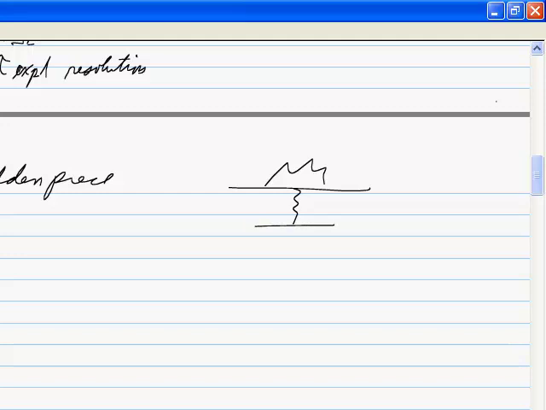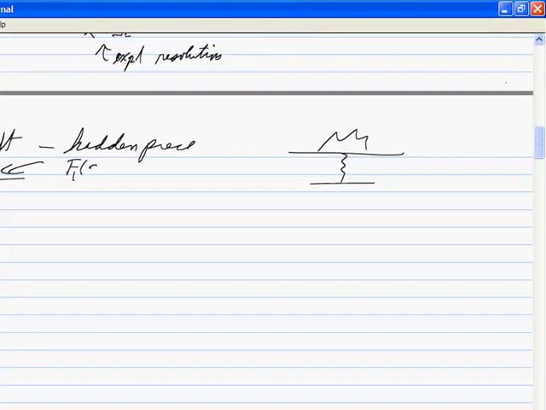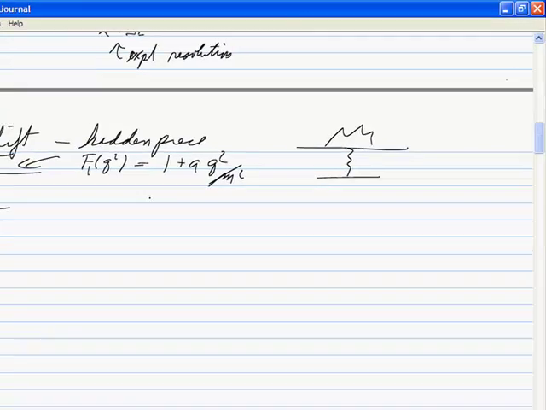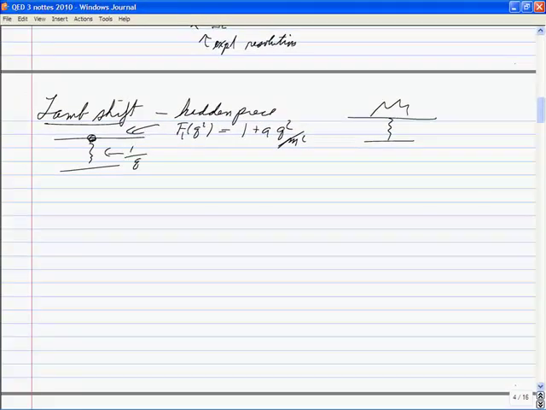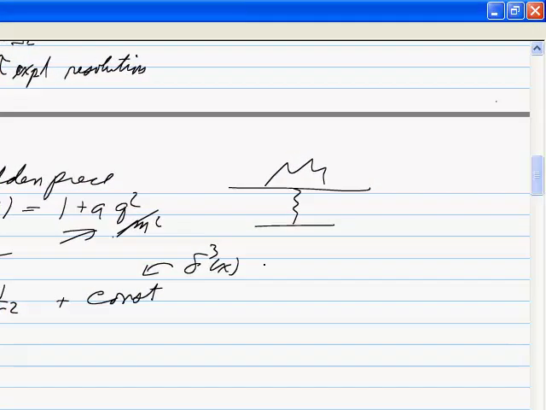And the way we did it is I had this vertex here, 1 over q squared, and that vertex had a function f1 of q squared, which I said was 1 plus a q squared over m squared. And that combined with the 1 over q squared there, the matrix element then had a 1 over q squared piece plus a constant piece coming from the q squared canceling the 1 over q squared. And this gave me my delta of x, which is the Lamb shift.